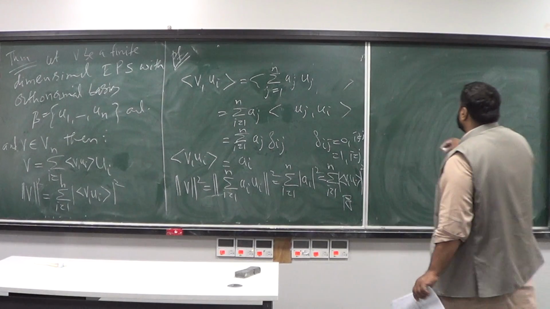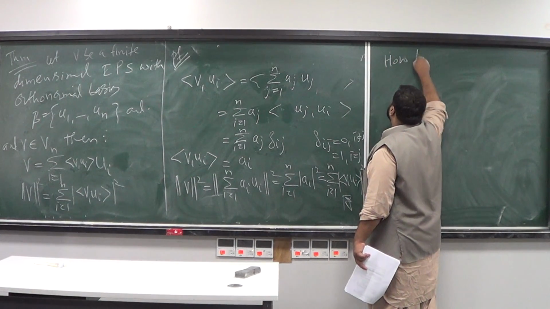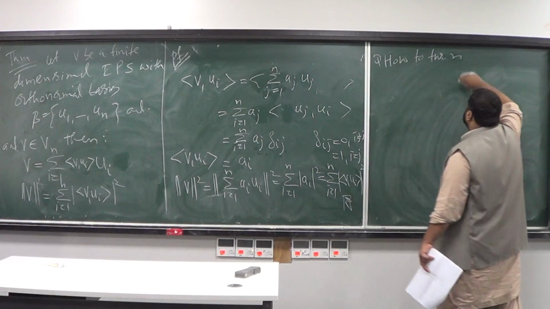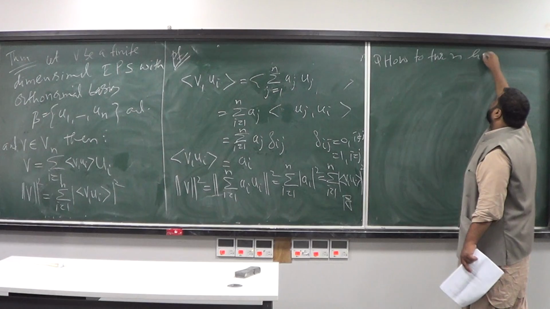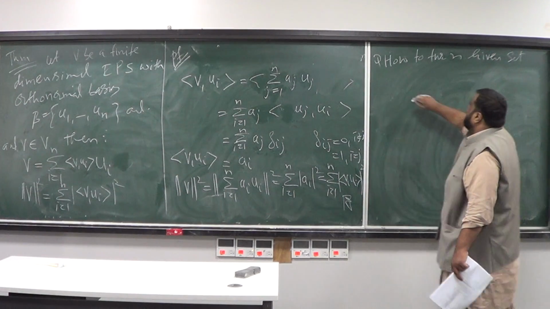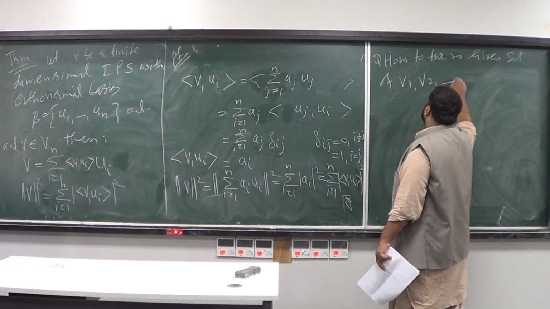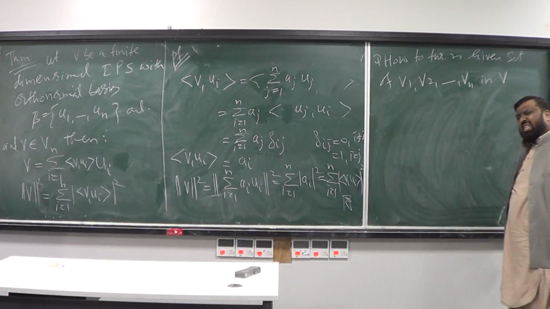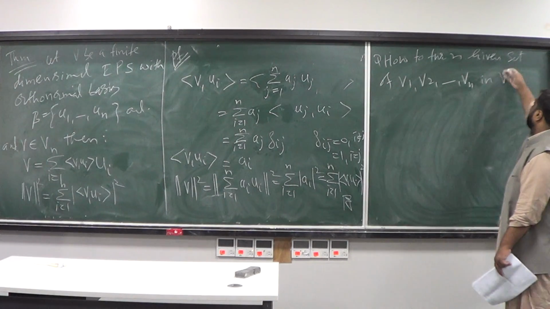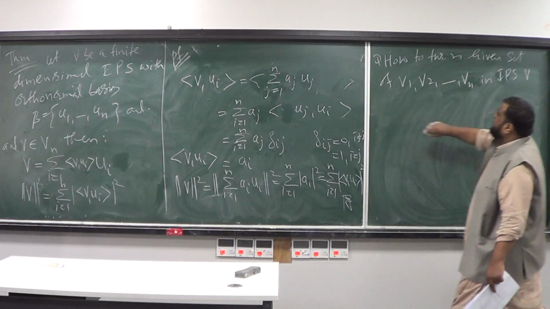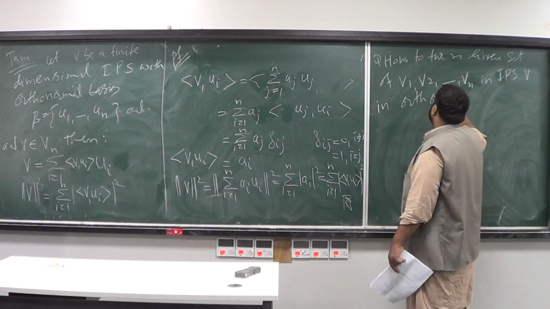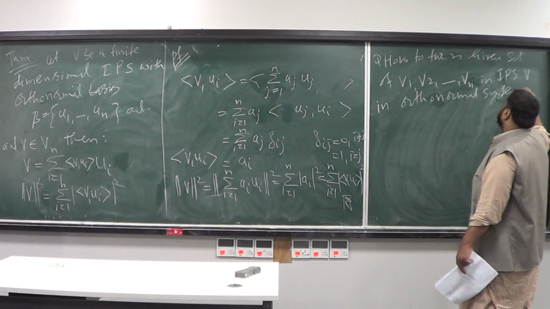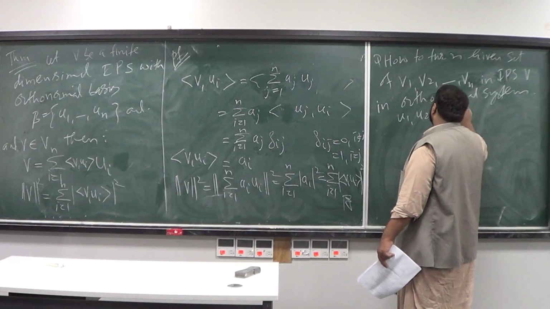So the question that we would like to answer: how to turn a given set of vectors, say v1, v2, ..., vn, in a finite dimensional vector space, or any vector space, or in an inner product space V, into an orthonormal system u1, u2, u3, ..., un?